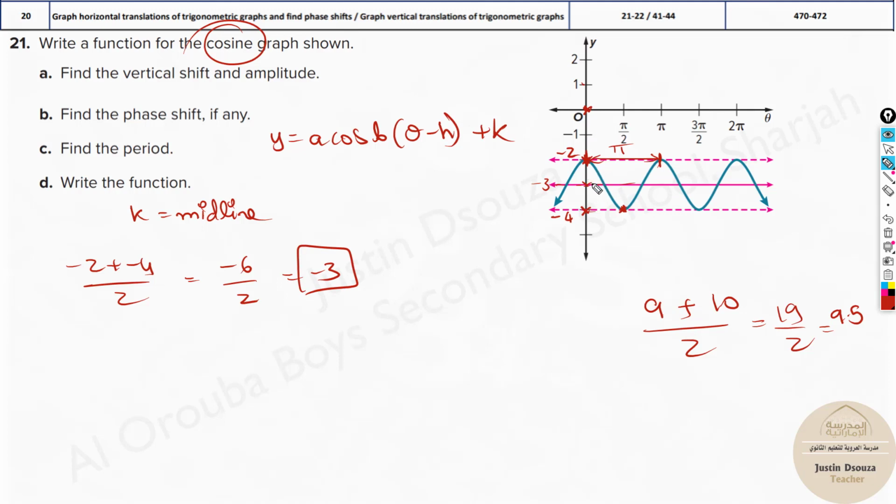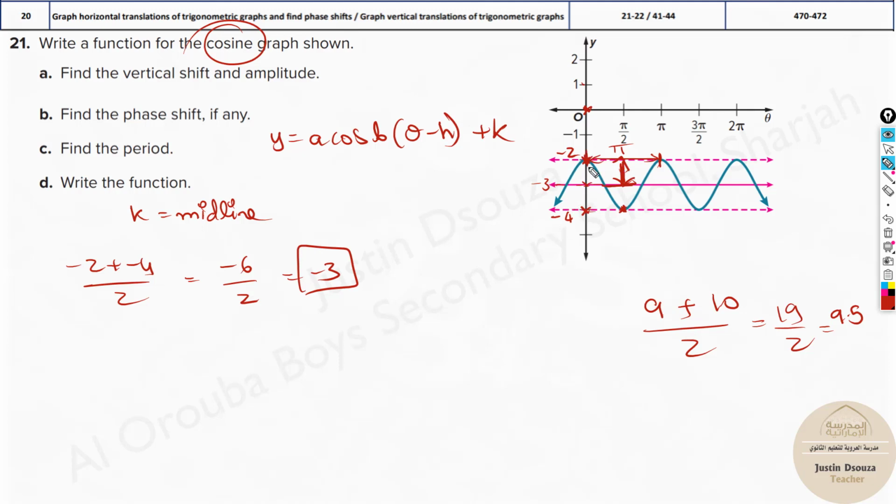Or you can even directly see it, but since it's in writing, that's why I'm emphasizing using the formulas over here. Next is amplitude. Now, amplitude is just this part to this part, only this distance. Now, how can we find that? We don't want the average. We don't want the midline.